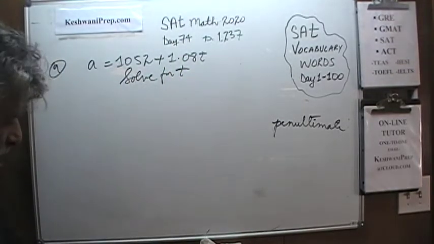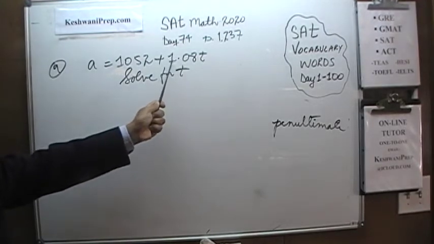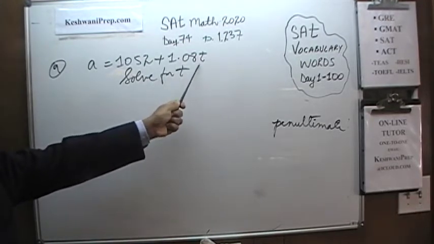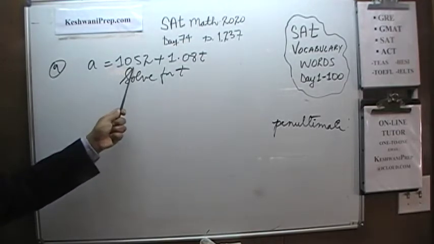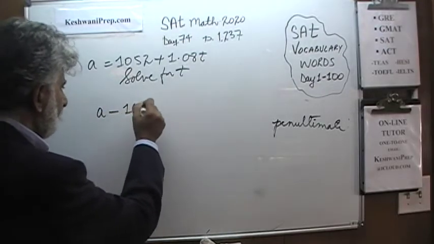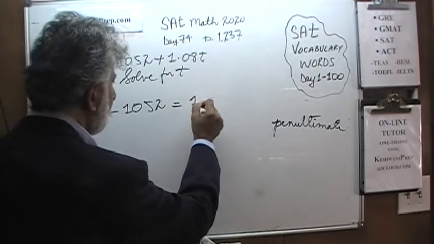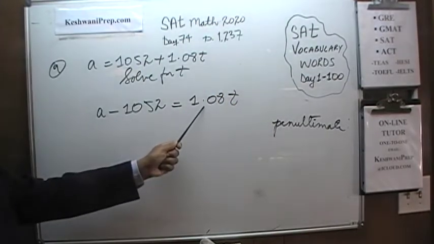Well, that's quite straightforward. If we want to solve for t, we need to get this t by itself. So let's keep this 1.08t on this side, and let's subtract 1052 from both sides. If we subtract 1052 from both sides, we'll end up with A minus 1052 equals 1.08t. But we're not interested in what 1.08t equals.